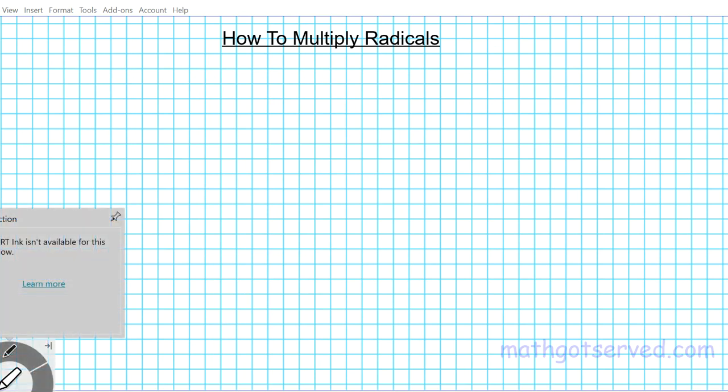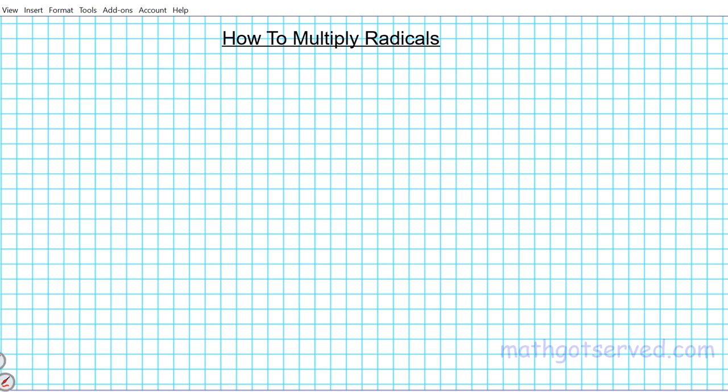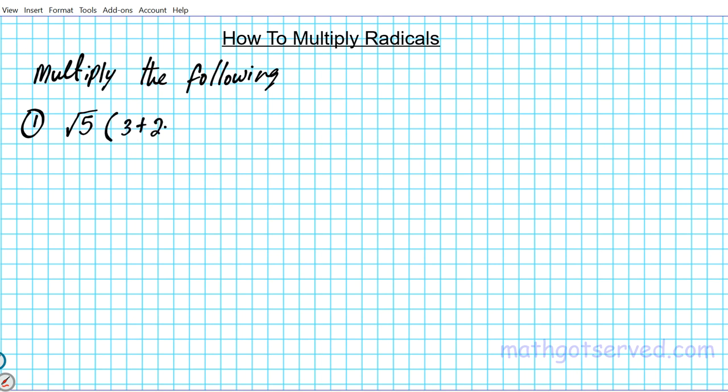So what if you are supposed to carry out the following multiplication? Let's say you're to multiply the following. Question 1, let's say you're multiplying the square root of 5 by the quantity 3 plus 2 root 6.